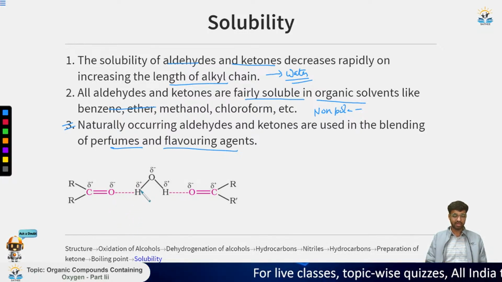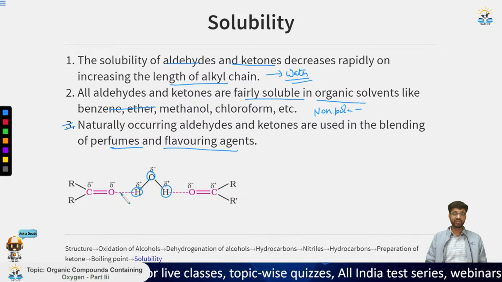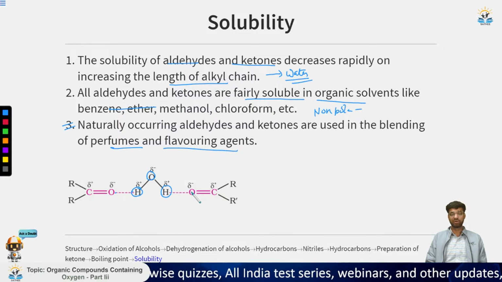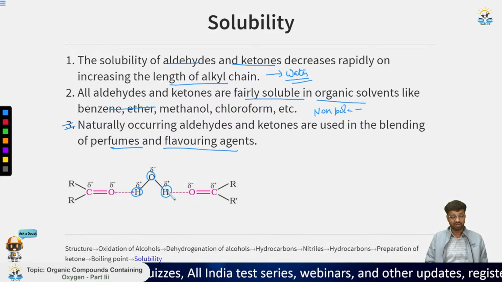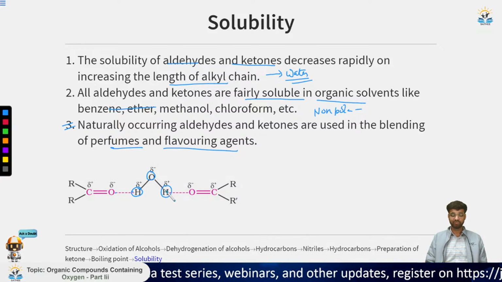Since the water molecule has a hydrogen attached to electronegative oxygen, it will form a hydrogen bond with the carbonyl oxygen, which is highly polar in nature, having a greater negative charge. So of course it is more soluble than ether, because ether has a lower polarity.